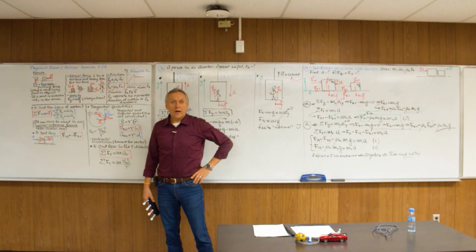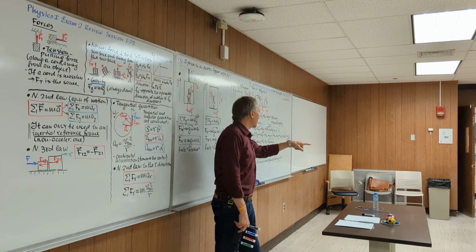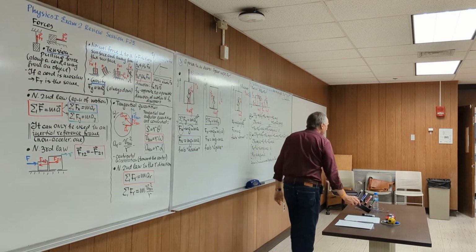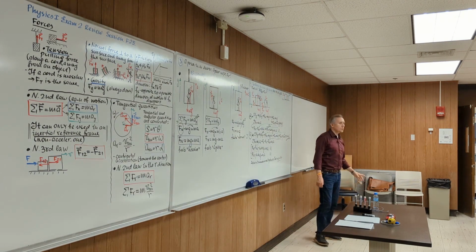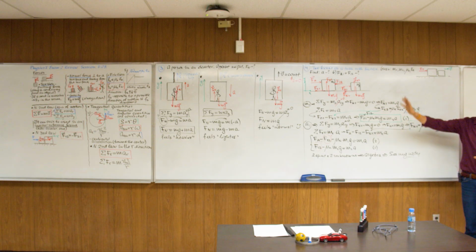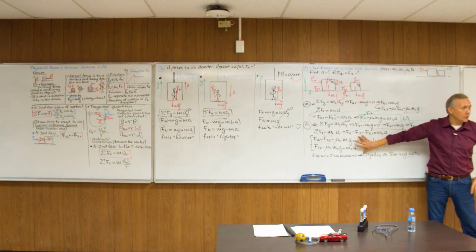So now, I want to draw a free body diagram of another situation. If you don't know F12 and acceleration, how do you solve for those? F12 and acceleration are not given. These are our unknowns, so we need to find them, and we have 2 equations.